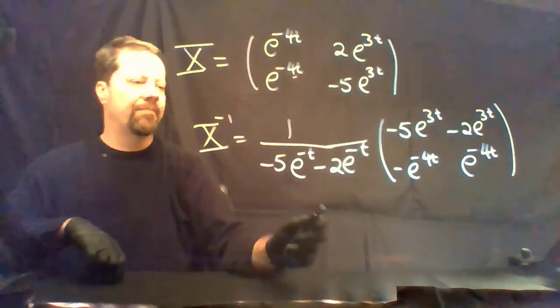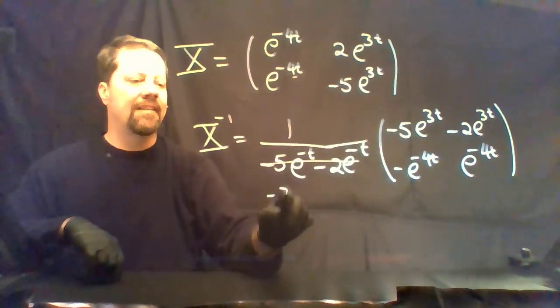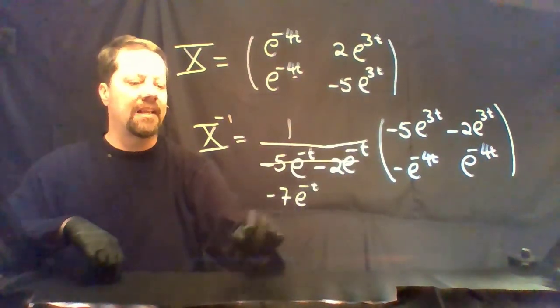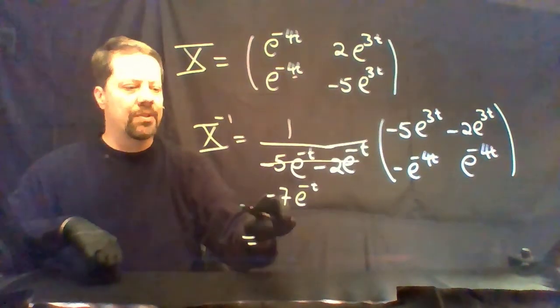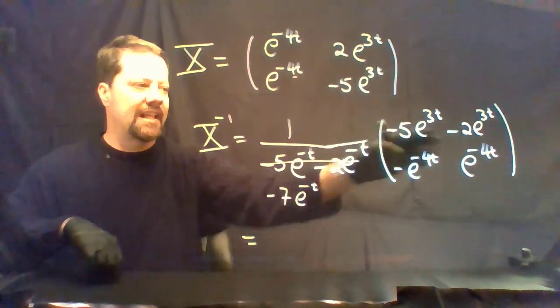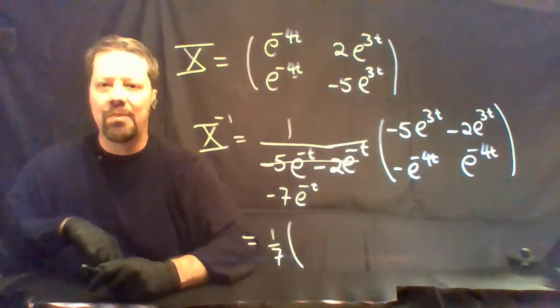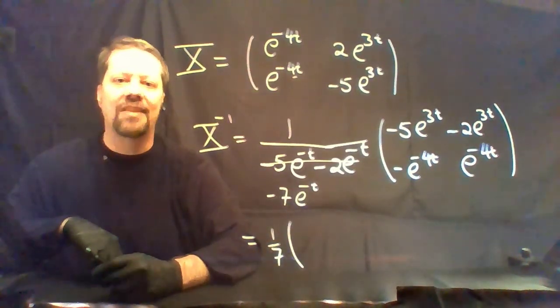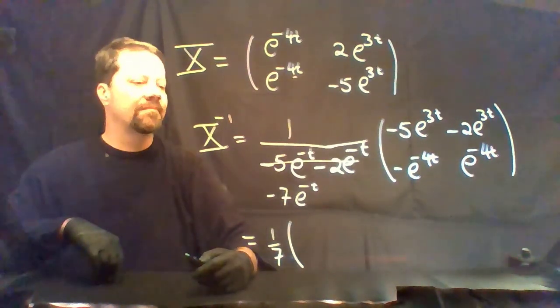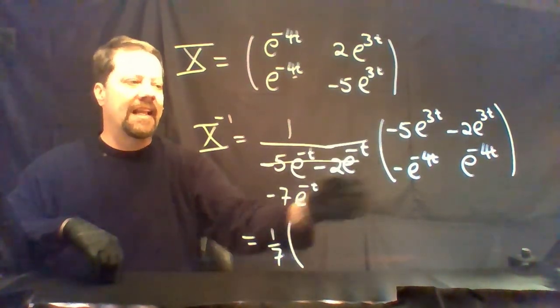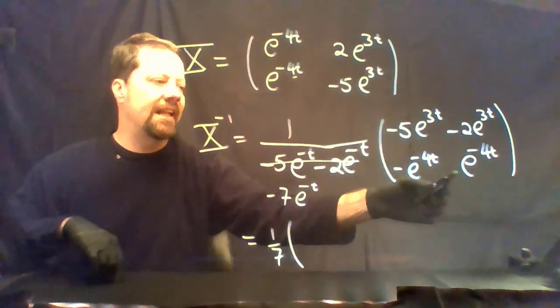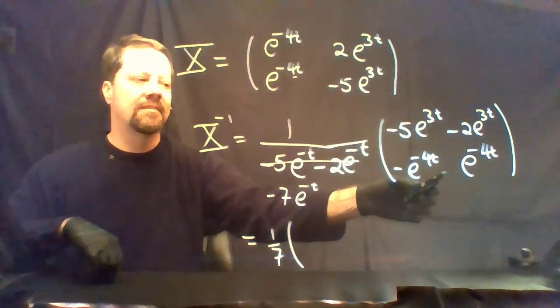Out front here, we have a negative 7 e to the negative t. We're going to push the negative and the e to the negative t through, but leave the 1/7 out. There's no point in unnecessarily introducing fractions too early. Pushing the negative through will make every entry negative except for the one on the lower right.